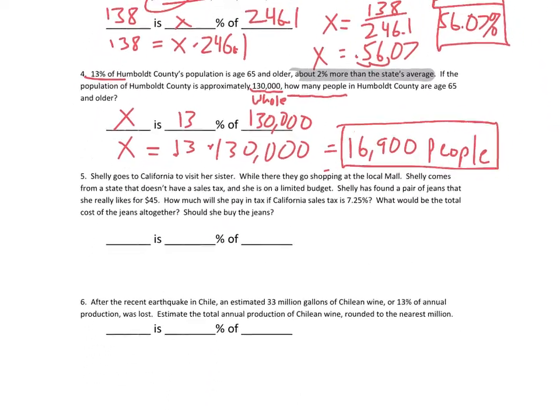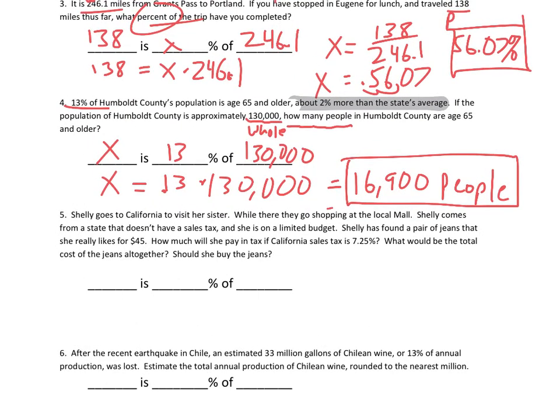Cool. A couple more little situations. Shelly goes to California to visit her sister. While she's there, she's going to be shopping at the local mall. Shelly comes from a state that doesn't have sales tax like Oregon. And she's on a limited budget. Shelly has found a pair of jeans that she likes for $45.